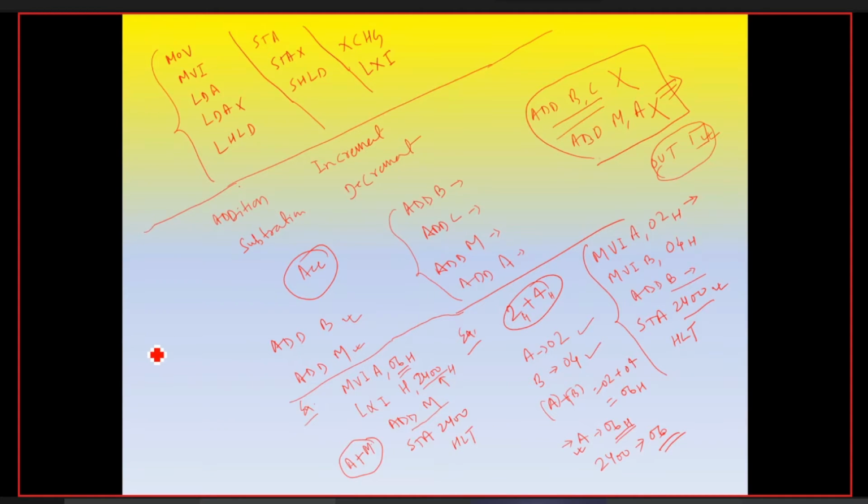Suppose आपने लिखा MVI A 06H, just I am taking.